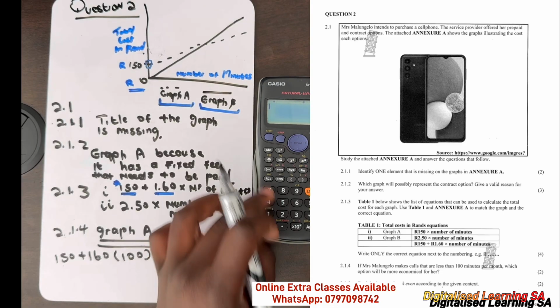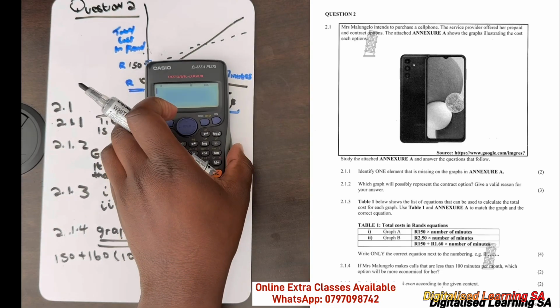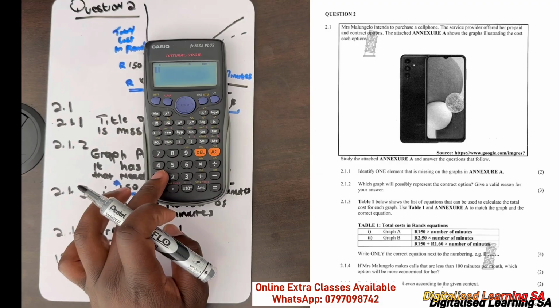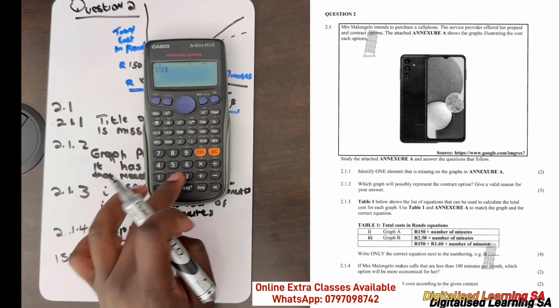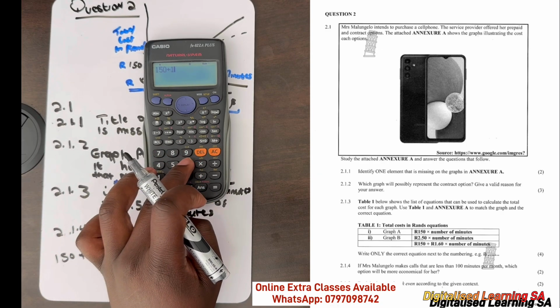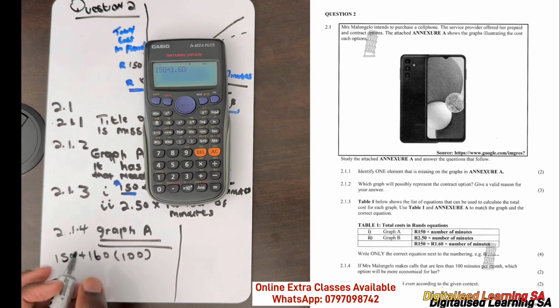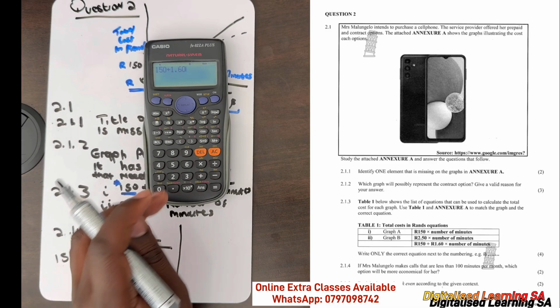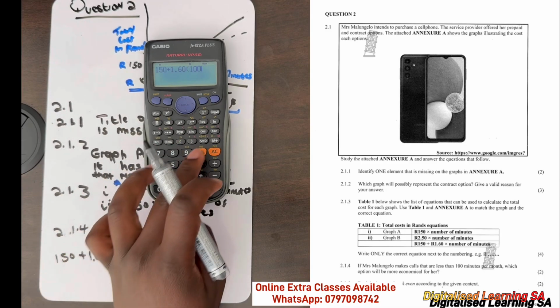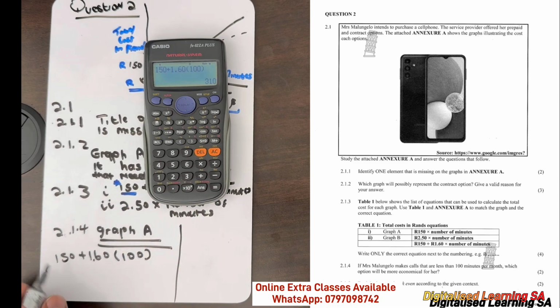So if we plug this into our calculator, we have 150 plus 1 rand 60, not 160, multiplied by 100 minutes, the number of minutes. And we can see that it will cost her 310.